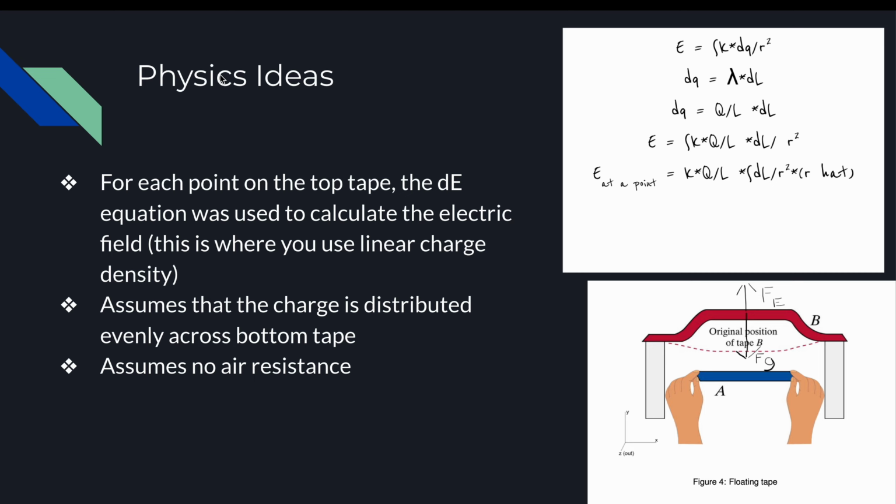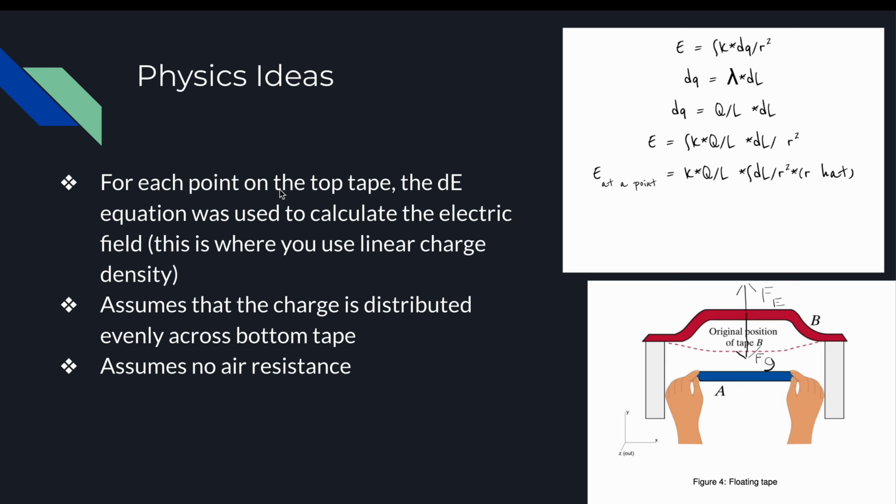Alright, physics ideas. This is a lot of complicated math, so pay attention, kids. I used the dq equals lambda times dl equation. So we're taking small chunks of a line and finding the electric field at an observation point.